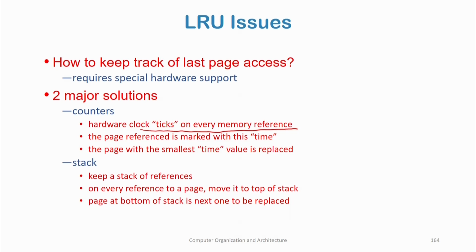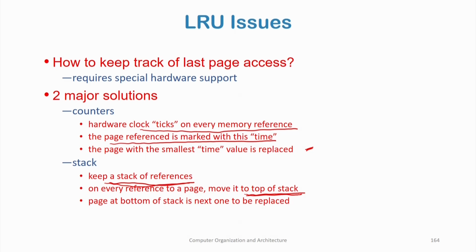Now, the value of this global clock is the timestamp which is attached to a page whenever it is referenced, and the page with the smallest time value is replaced. Now, this is a very costly solution, as we said. A simpler solution is this. We keep a stack of references, and this stack is maintained as a doubly linked list, and on each reference to a page, what do we do?